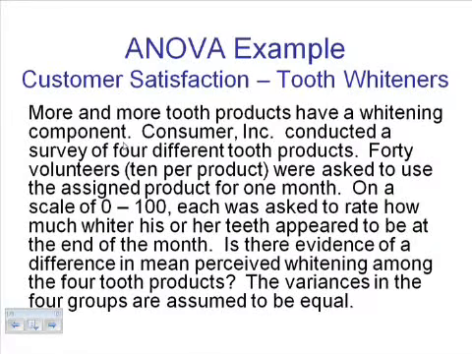If that's the case, now we've got to investigate further to see where those differences are with a procedure called Tukey-Kramer. Keep in mind that to reject the null, only one mean has to be different. All 4 do not have to be different.